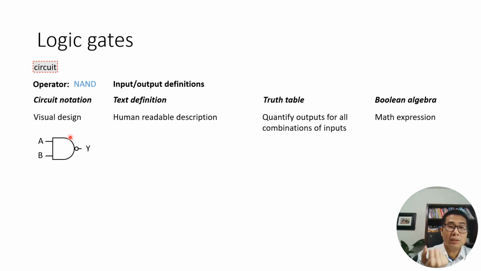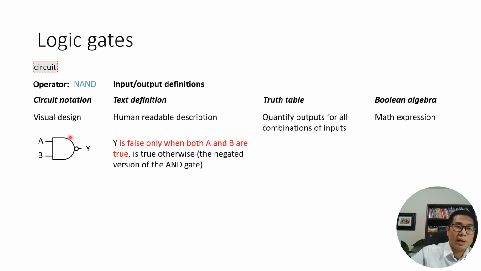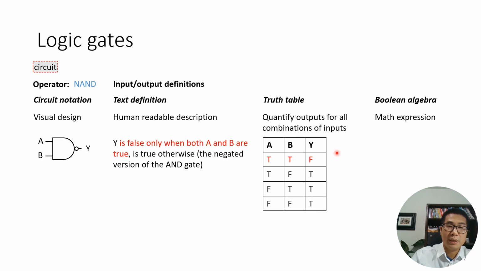So the NAND is defined as Y is false only when both A and B are true. It's a negative version of the AND. You will see it becomes false in here and true everywhere else. It is going to be written as A dot B with a negation over it, the negative version of it. This one is a NAND gate.